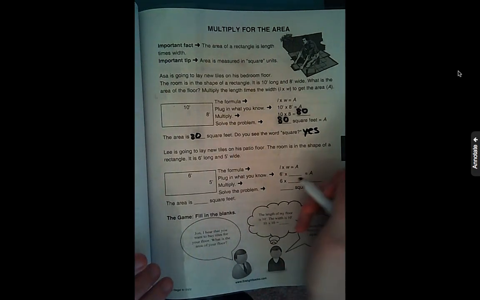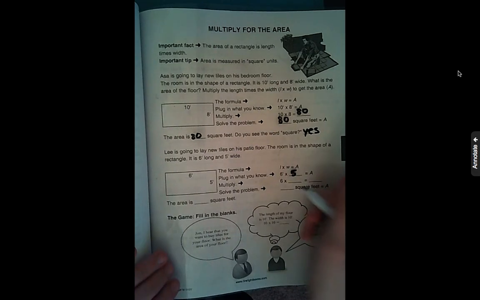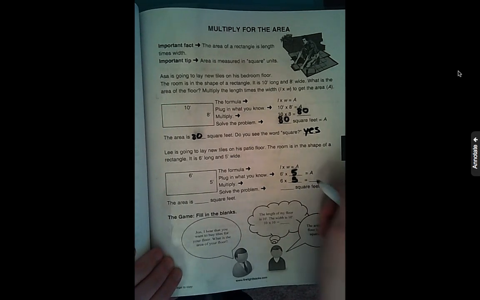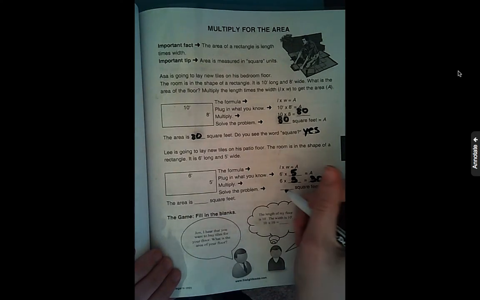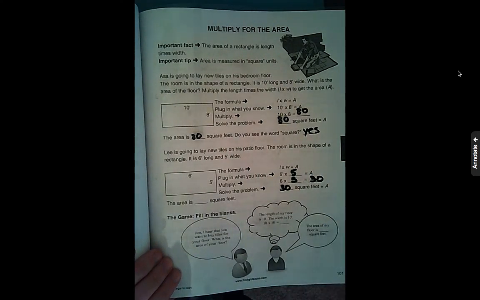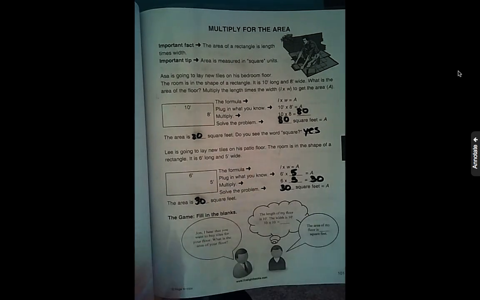And now we have to plug in our width, which is 5. So now multiply 6 times 5 is equal to 30. So now we just solve. So 30 square feet. So the area is 30 square feet of that rectangle.